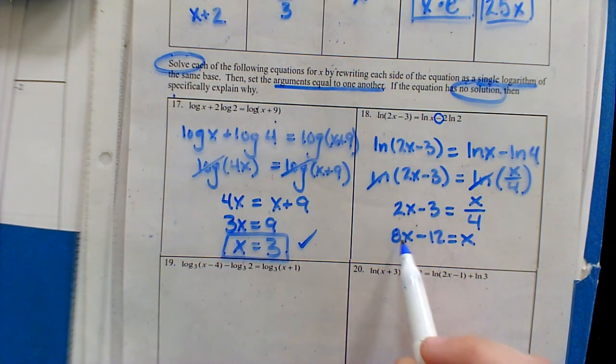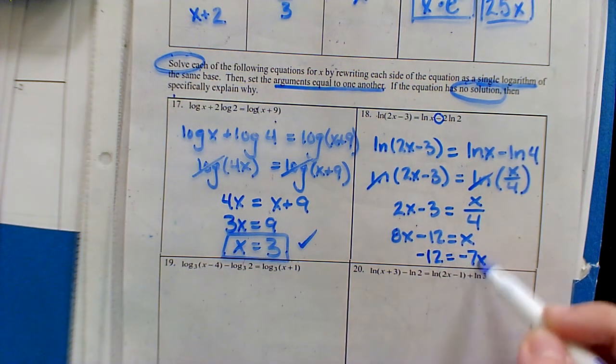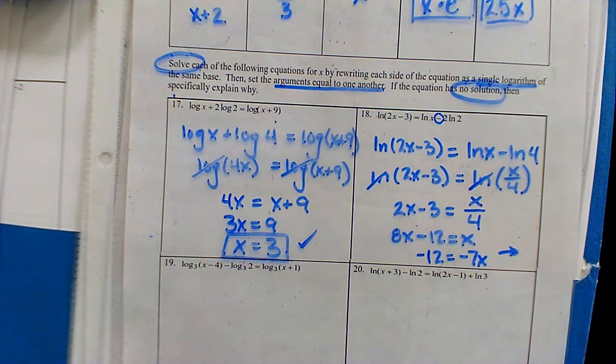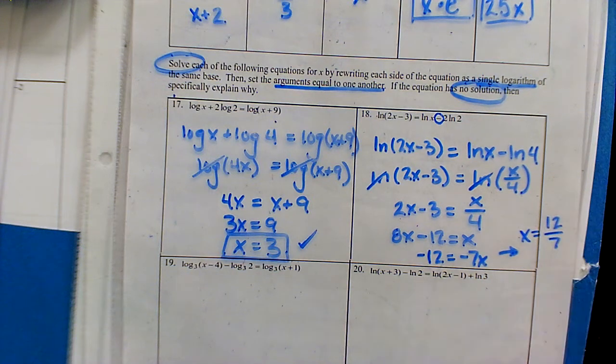Let's see, maybe I can subtract the 8x over, so that'd be negative 7x, and then divide by negative 7, so that would end up being a positive 12 over 7.